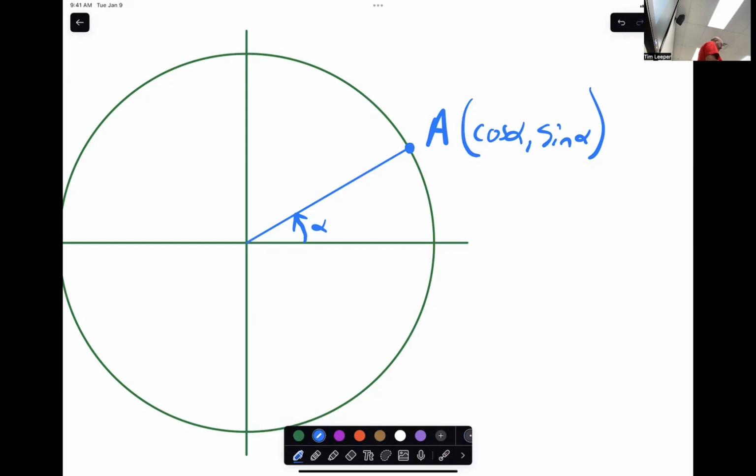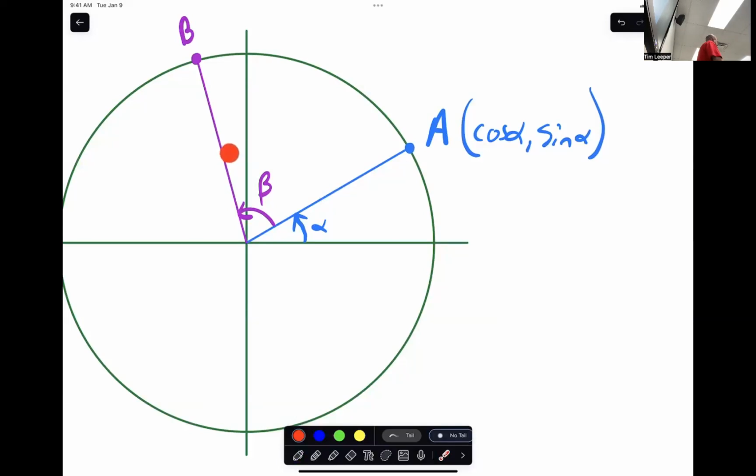Good deal. I'm also now going to say, let's take some other point here. Let's call that point B. And this point from the terminal side here to this terminal side here, that angle right here will be called beta. Now, notice that the overall angle here from the initial side of the positive x direction all the way to the terminal side, then that overall angle is alpha plus beta.